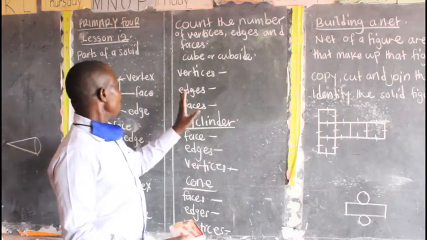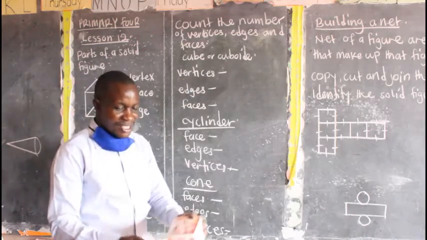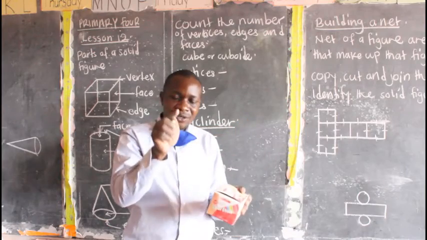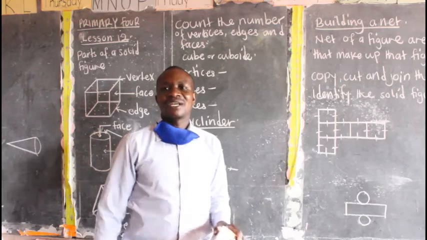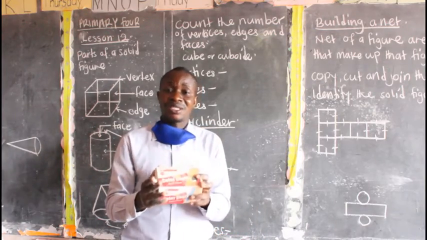Therefore, here we are talking of vertices. Vertices are these corners, they are the so-called vertices. When it is one, it's called the vertex. But when there are very many, they are called the vertices. Now we are going to be counting them.